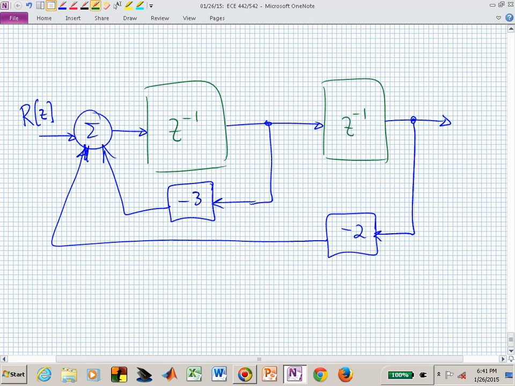Let's now find a transfer function. Let's call this output y of z. And let's do some algebra, but now this algebra is based on the block diagram, so I will just call that block diagram algebra.